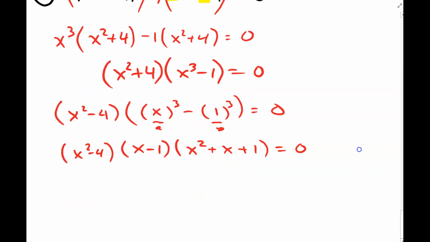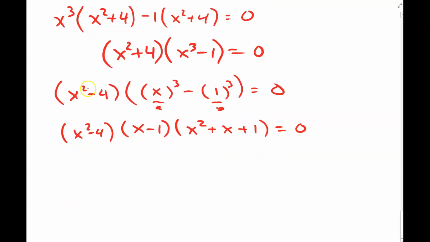Oops. Somehow that turned into a minus halfway through the problem. That's not right. Now everything is factored completely, and we can set each of these equal to 0 and solve.